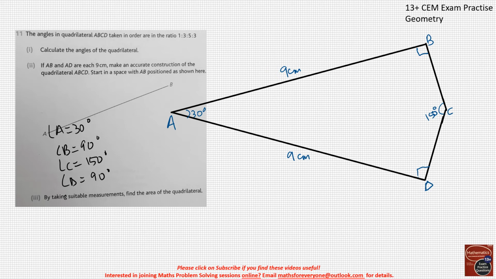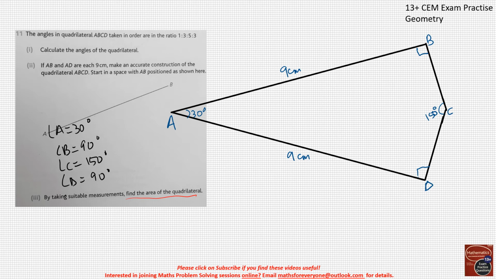And then the question is, find the area of the quadrilateral. To find the area of this diagram, what I did is I joined A and C and formed two triangles, and then added the areas of the two triangles.